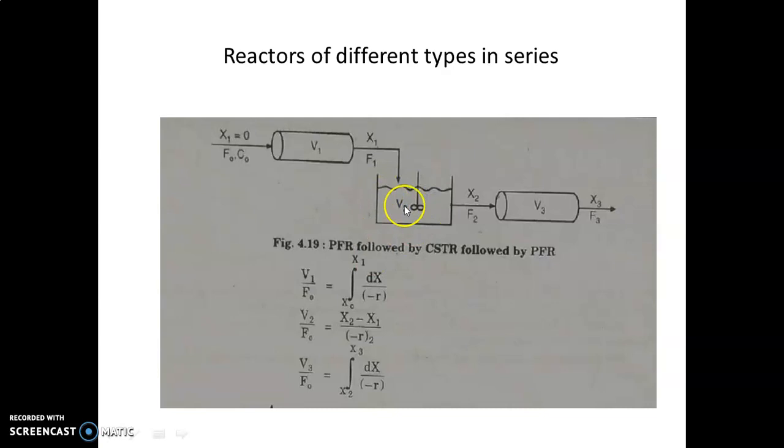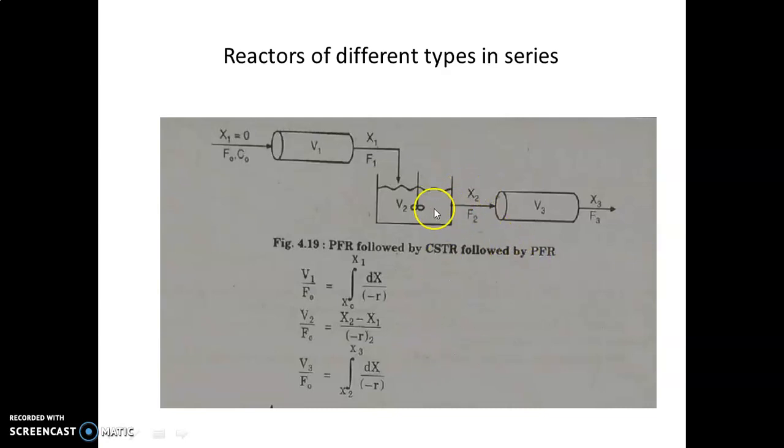Then the second one is the CSTR. The performance equation is written in this form: V2 divided by F0, where V2 is the volume of the second reactor and F0 is the initial molar flow rate, equals x2 minus x1 divided by minus r2. So x2 is nothing but the conversion obtained from the second reactor.